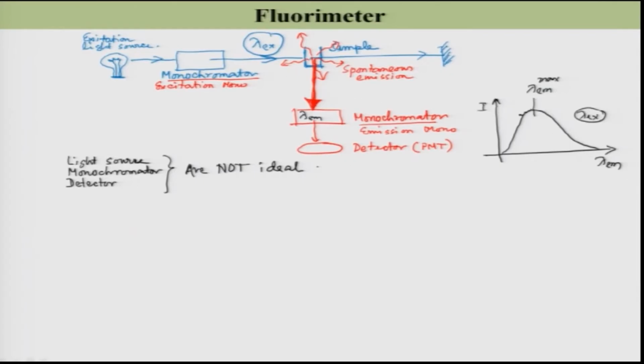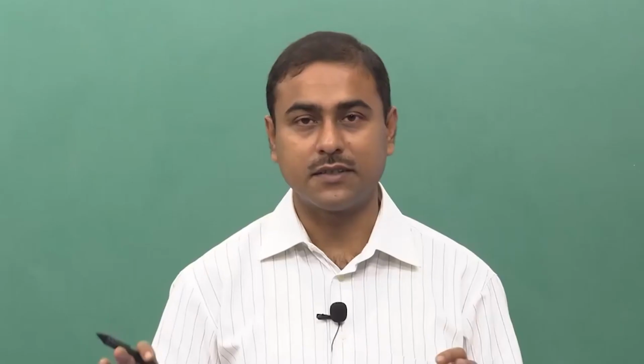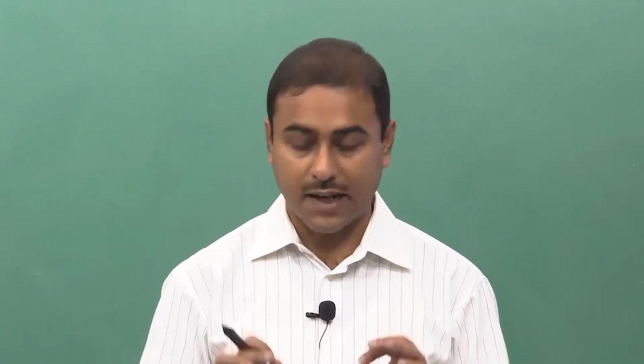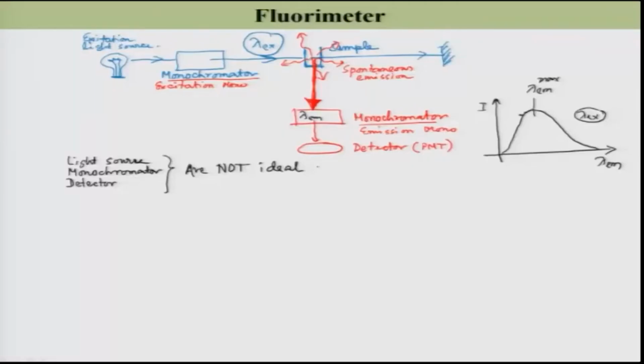Let me draw an emission spectra of a particular compound, and let us assume that somebody has given you the correct emission spectra of that particular molecule. Let me draw the emission spectra for a molecule X. So, this is the axis.